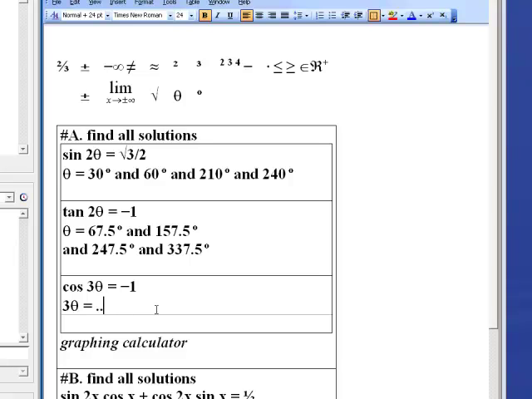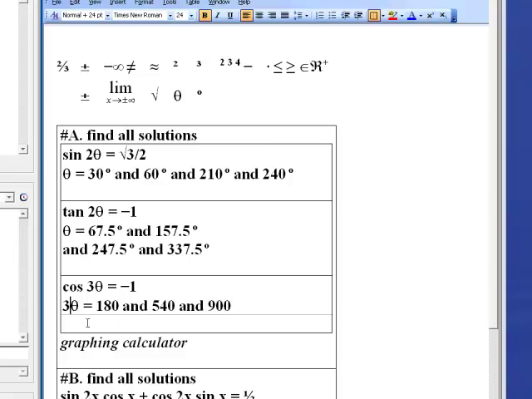So again, keep that in mind. So we're going to have 180 degrees, and then we're going to have 540 degrees, 360 degrees more, and we're going to have 900 degrees for 3 theta.